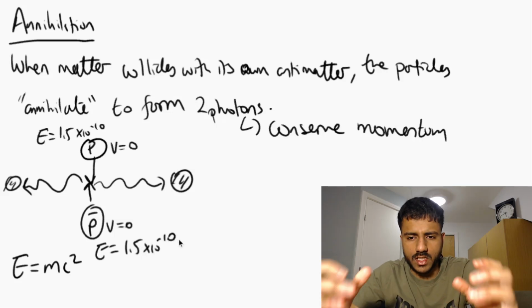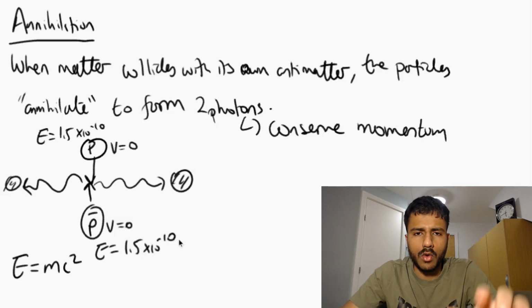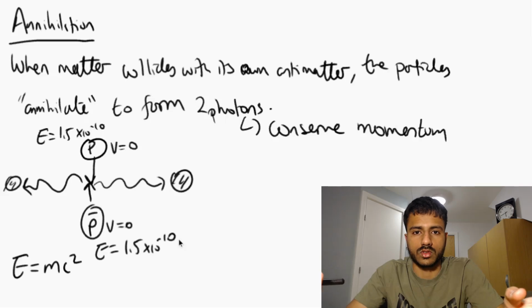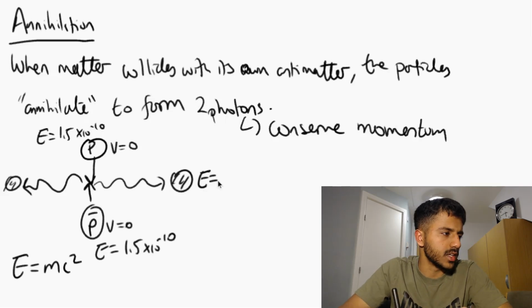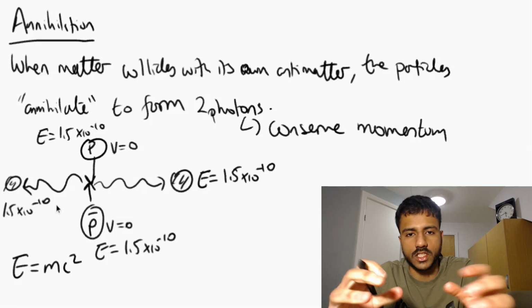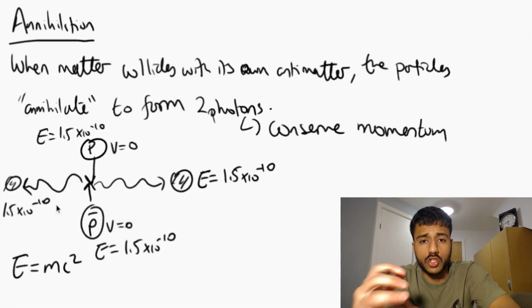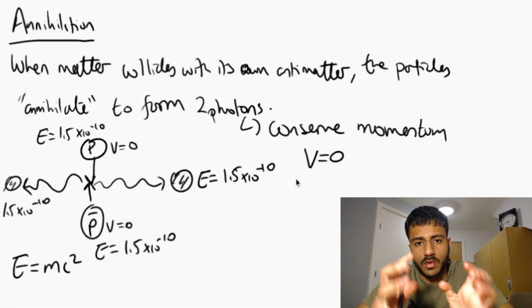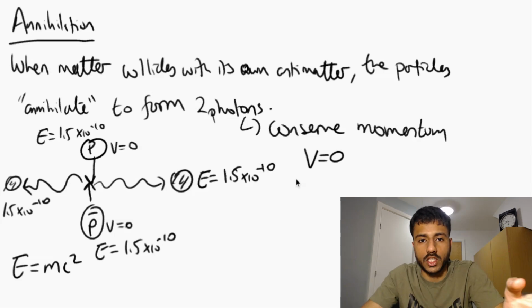So what's going to happen is this total energy, which is the sum of the energy of the proton and the antiproton, will get converted into the energy of both of the photons combined. So each photon is going to get released with an energy of 1.5 times 10 to the minus 10 because there's two of them. So the energy gets shared equally between them. So in this case, when the initial speed is equal to 0, the total energy before the collision is equal to the total energy after.